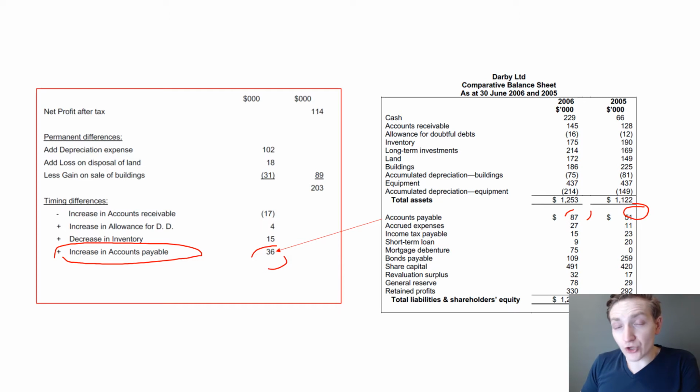Again, the way to think about this is if you've increased your accounts payable, you'll be able to keep more cash and pay out less cash to the people that you owe money. As a result, your effective cash flow goes up. That's an intuitive way of thinking about why you're adding back the increase in the accounts payable.